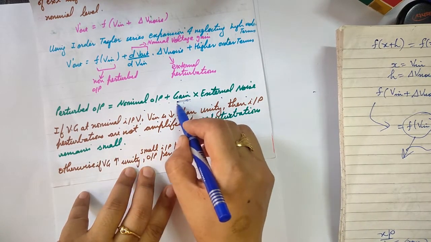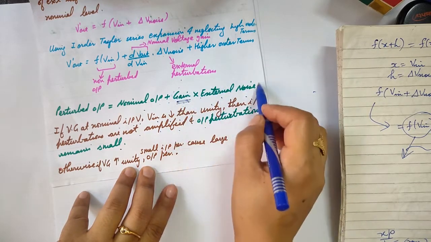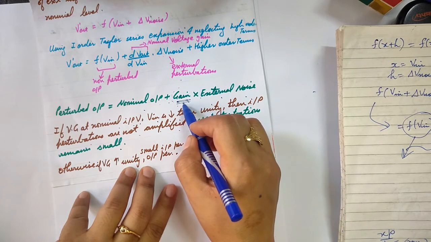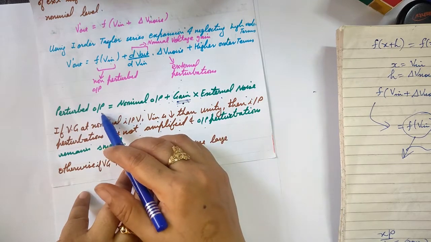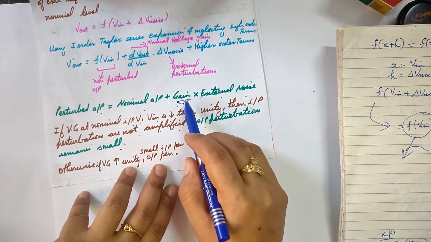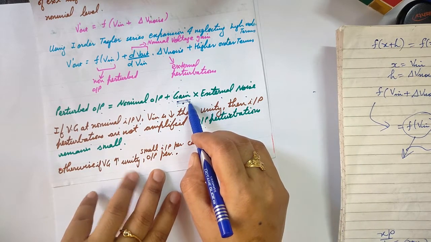If this gain is less than unity, then this whole quantity will be very small, and so the external noise will not be amplified and will not significantly affect the output. There will be small variations in the output, not much. So if the gain is less, it will affect the output less.